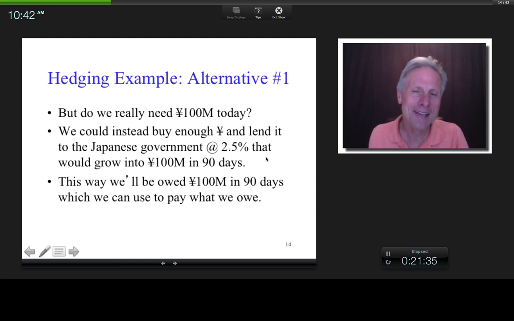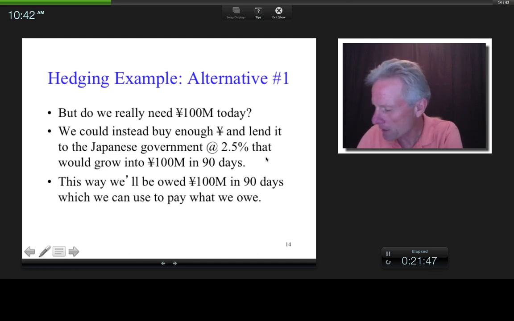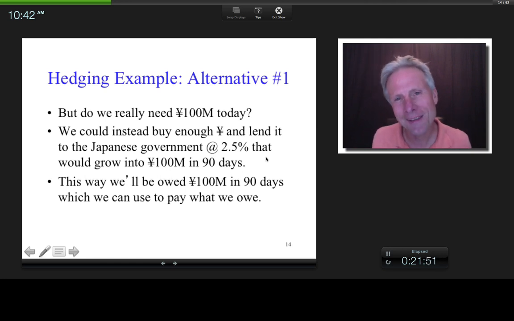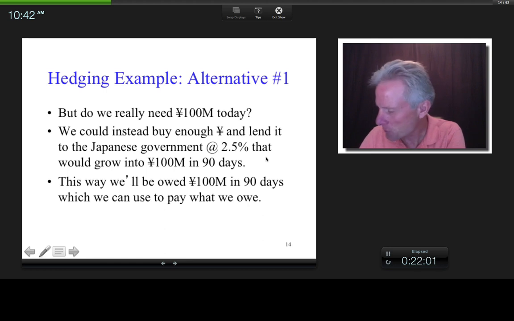And if that's the case, can I use that to pay what I owe? I can, right? And by the way, by doing that, will we have created an accounts receivable? We will, right? Because just to remind you, with our widgets, okay, we owe 100 million yen in 90 days. Is that our hedge or is that our transaction? It's our transaction, right? And have we created an accounts receivable or an accounts payable with our transaction?